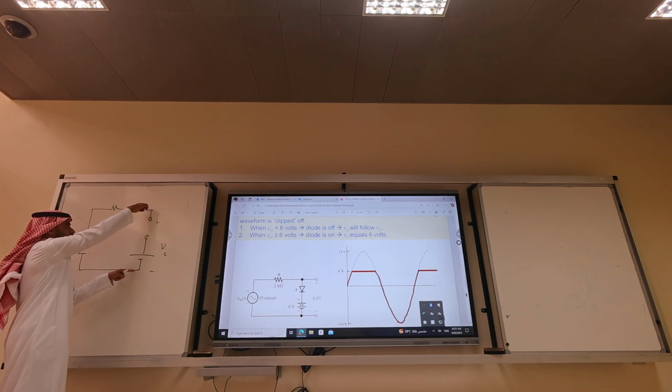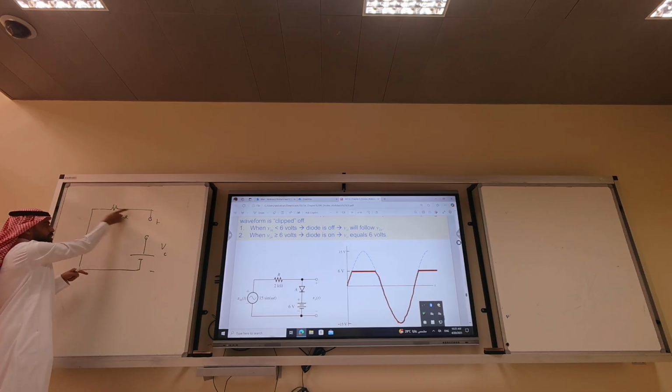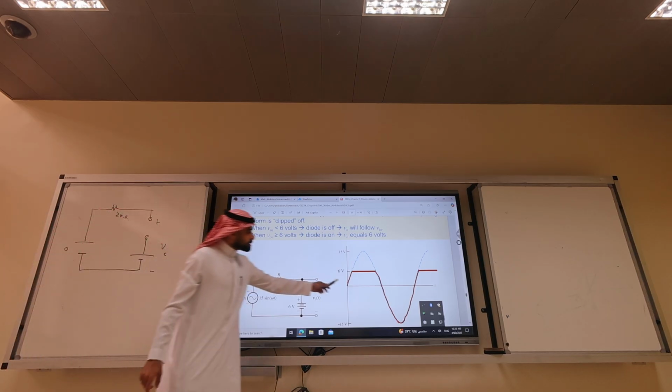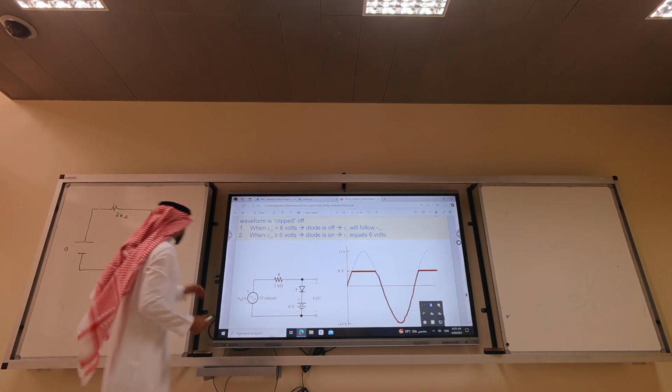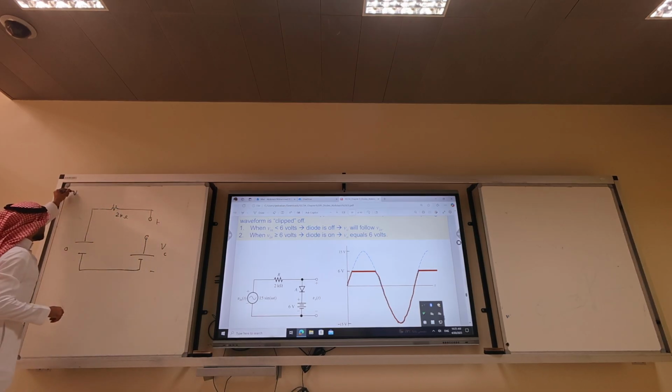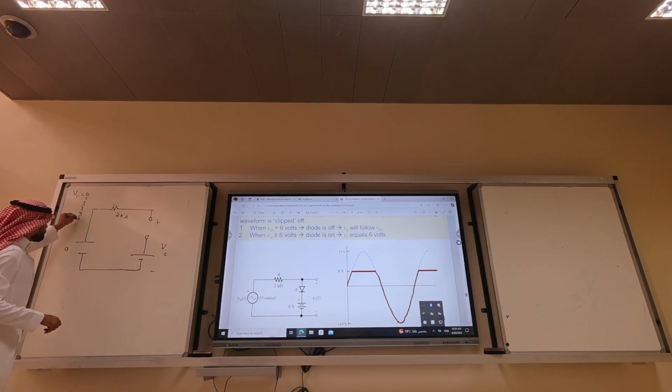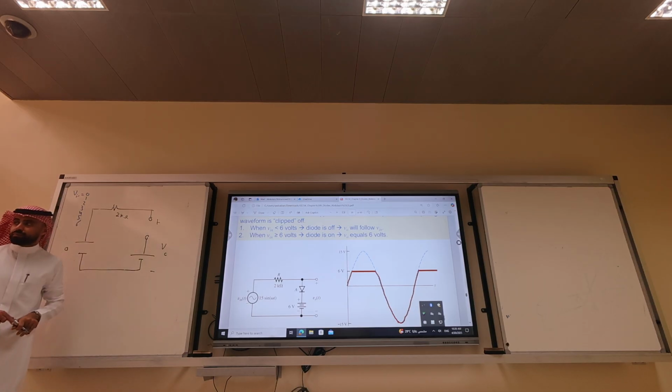So what's the voltage here? 0. No current flows, so it matches the input. It matches the input up until 6, using ideal diode models. Up until 6, it's open circuit.